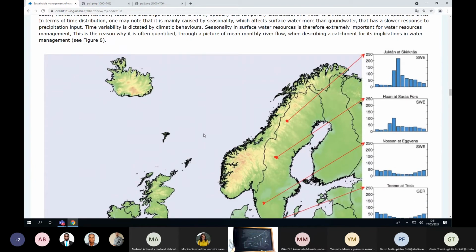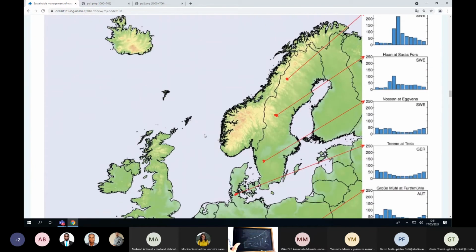A question may be, what is seasonality? Why is seasonality important? Remember that in this lecture we said that overall there is enough fresh water on the Earth, even for an increasing world population. The problem is the distribution, which is uneven in time and space. Uneven in time means seasonality, uneven in space means geographical distribution of water.